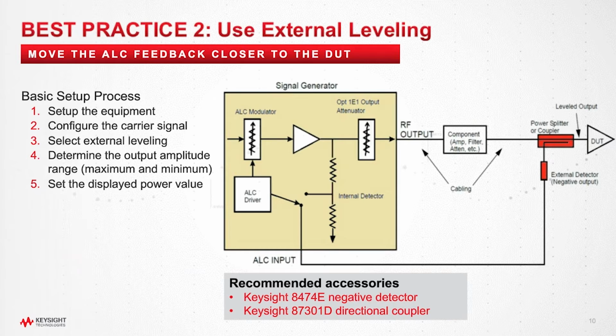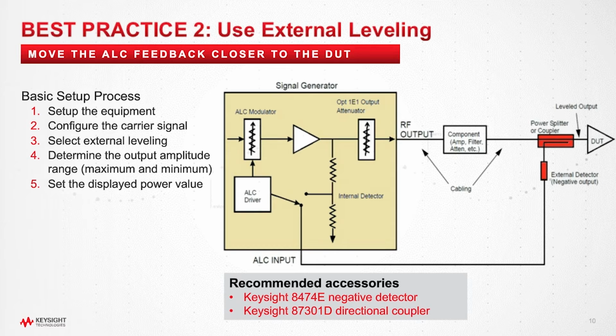Best practice number 2, use external leveling. External leveling allows you to move the ALC feedback signal close to the DUT so that it accounts for most of the power uncertainty inherent to the cabling and components in your test setup.